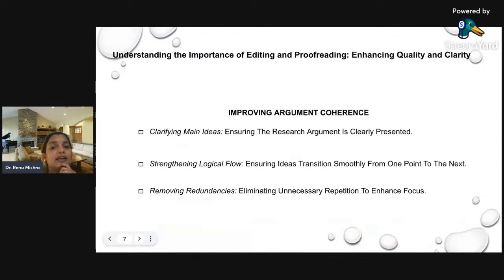Now, it is very important for us to understand the importance of proofreading alongside editing. Now, editing also, you need to know, editing is when you are done with your work, you go through your entire work to see whether any correction is required in each line, each paragraph.